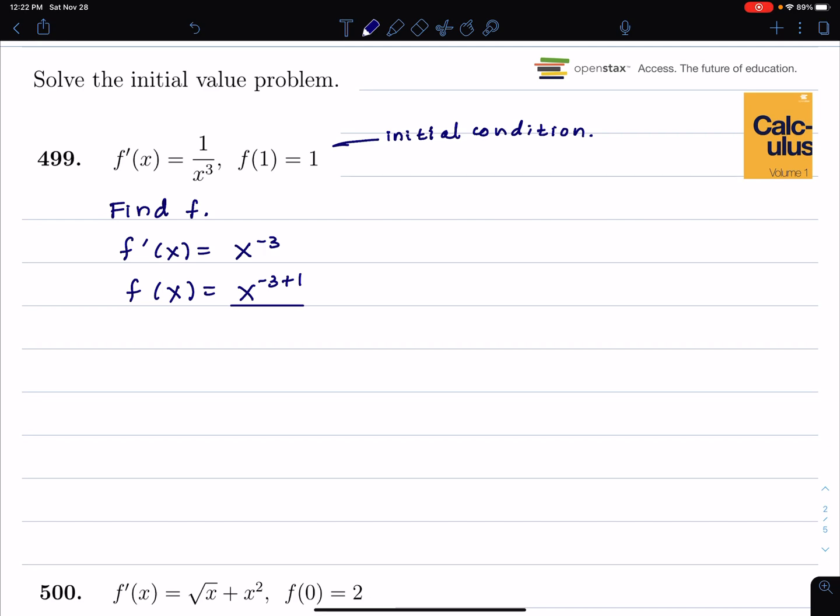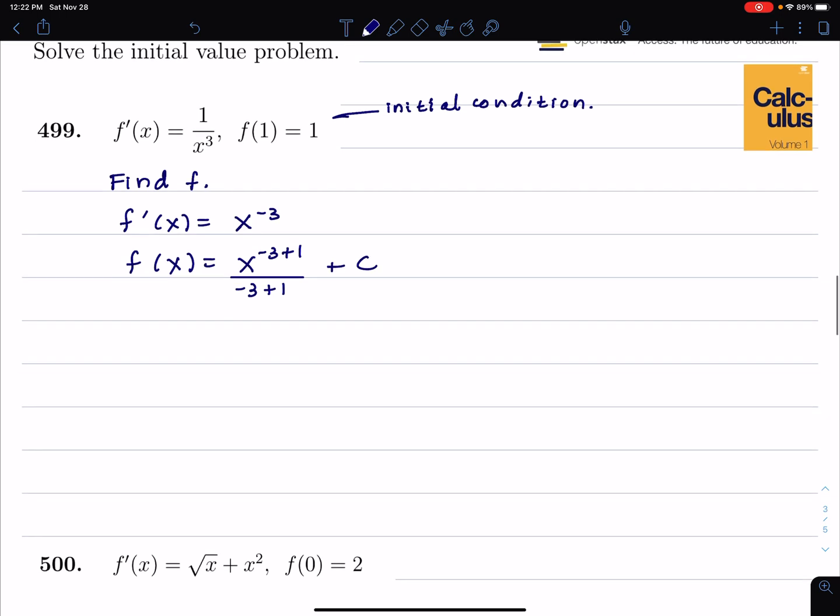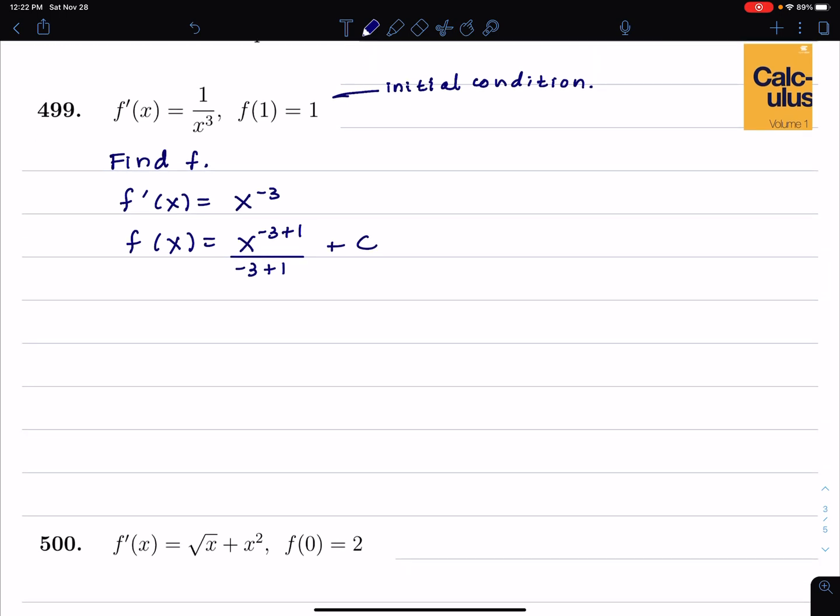So I have x to the minus 3 plus 1, plus c. Therefore, f of x is equal to x to the minus 2 over negative 2 plus c. It looks better if I write f of x equals negative 1 over 2x squared plus c.